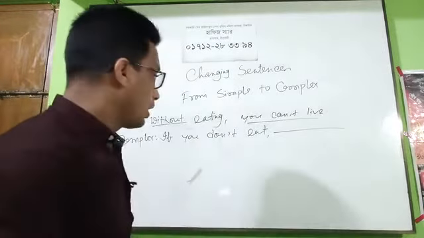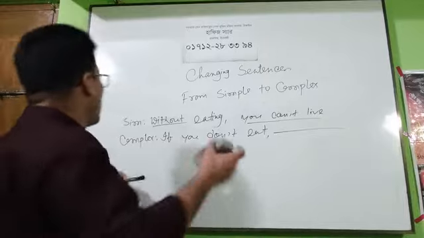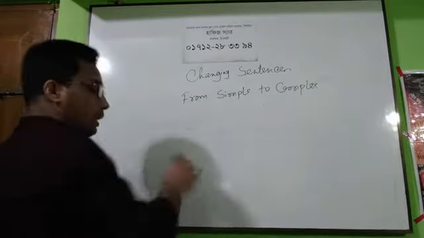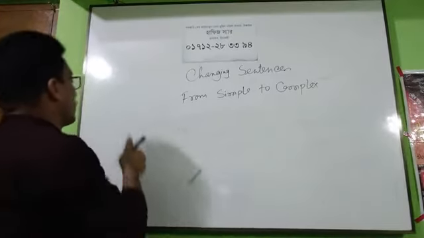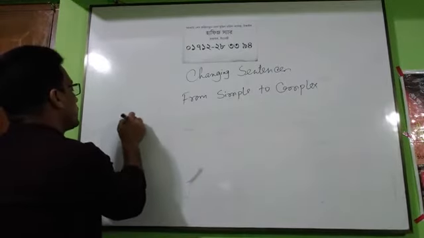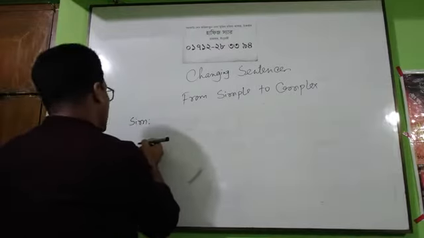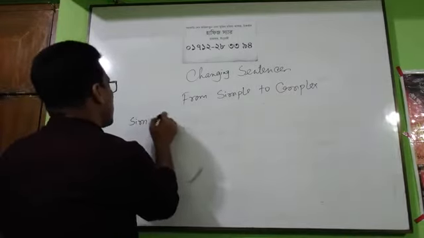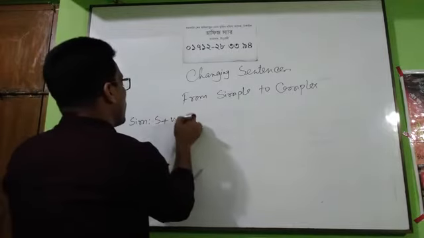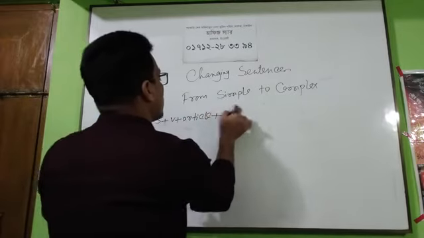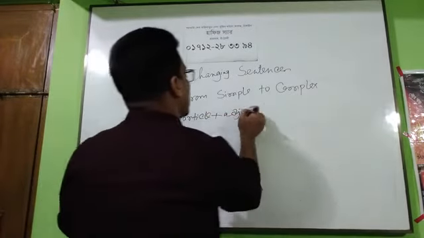Dear students, now let's discuss another structure. Simple: subject plus verb plus article plus adjective plus noun.